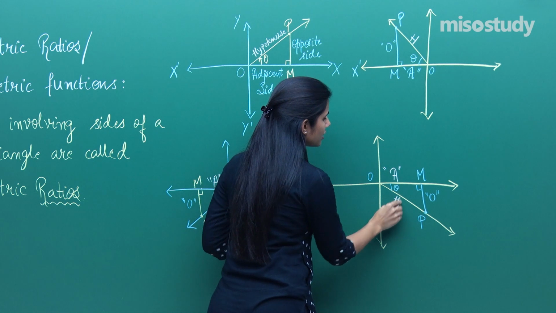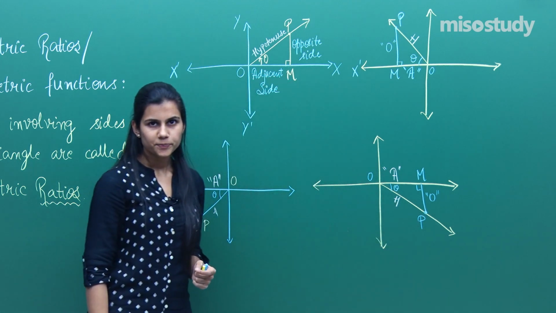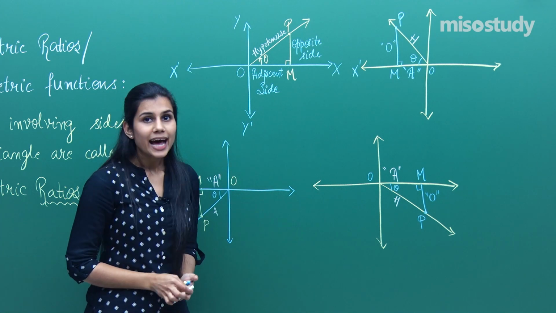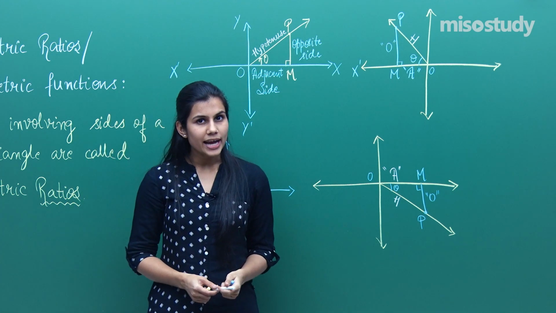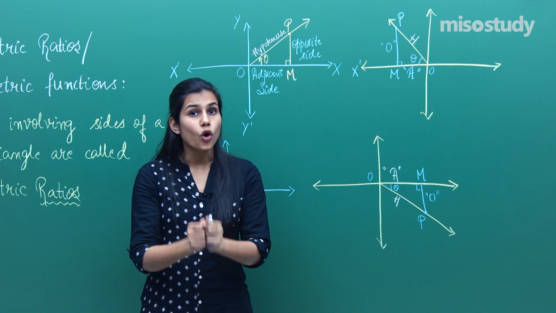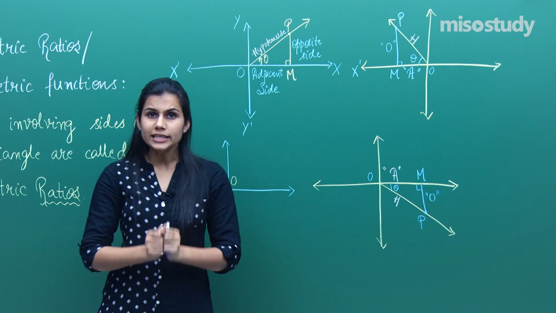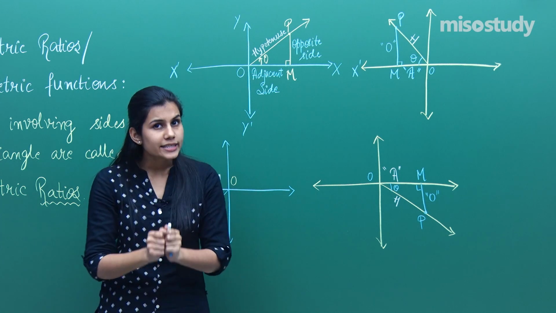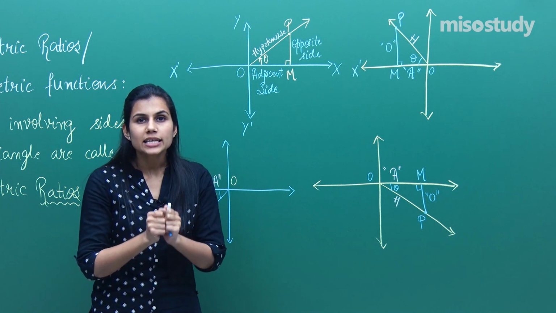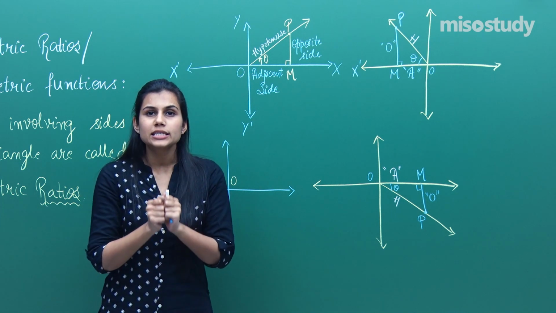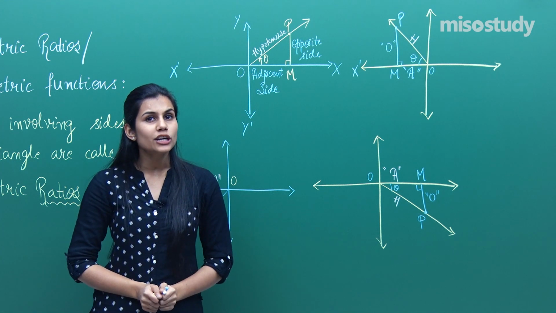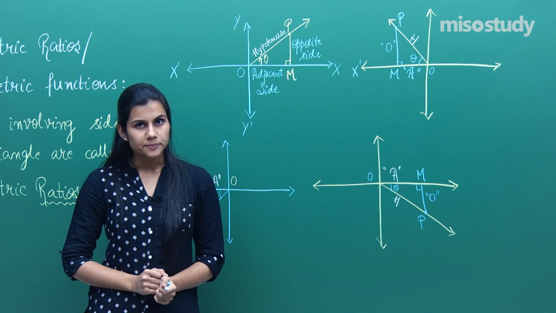We have already understood this, and thus the three sides which make up this right triangle have got their names. One is the adjacent side, one is the opposite side, and one is the hypotenuse. And all these are with respect to a certain fixed acute angle theta inside the triangle of reference OMP.